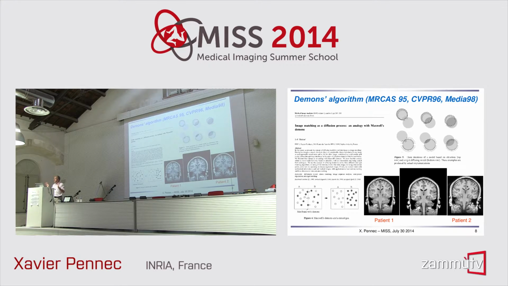That's it. That's the idea behind the demons. And if you take this type of images, these are the forces that are created, and then you integrate things. So the idea is you have demons all over, they push independently, and then you have a second step where you mix everything together to have a global displacement. And this is the registration between the 2 images that was obtained.